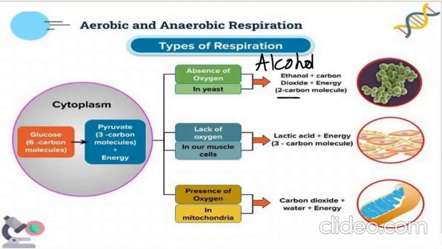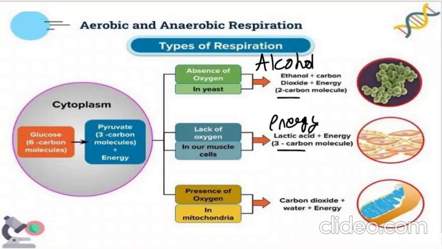After that, when there is lack of oxygen, meaning less oxygen, not no oxygen, in the muscles, the pyruvate converts into lactic acid to produce the energy in muscles, correct? So avoid the muscle cramps. Again, that is a three carbon molecule.